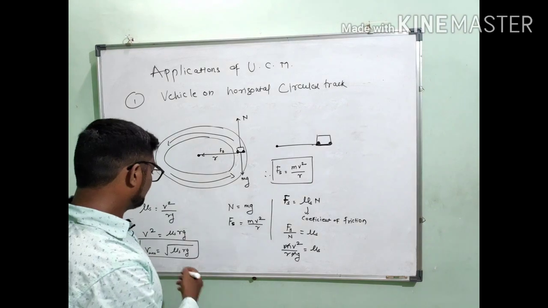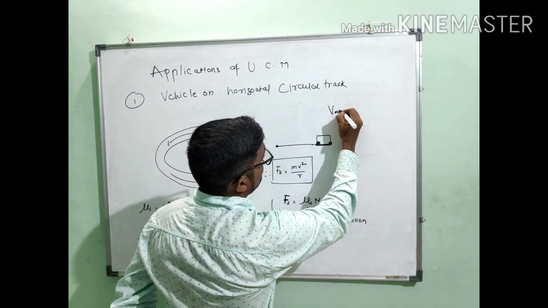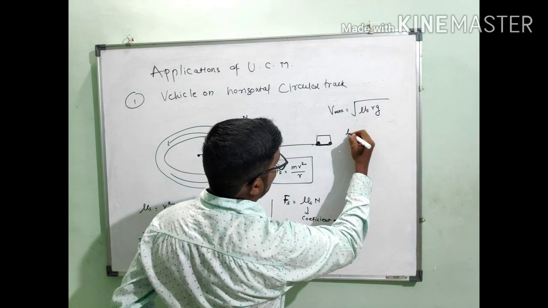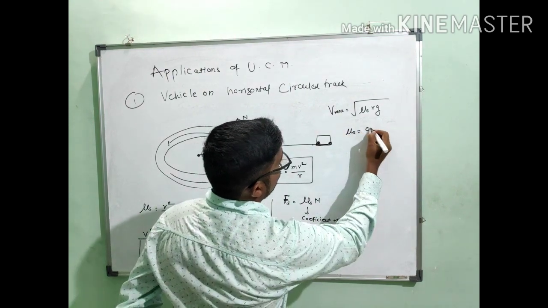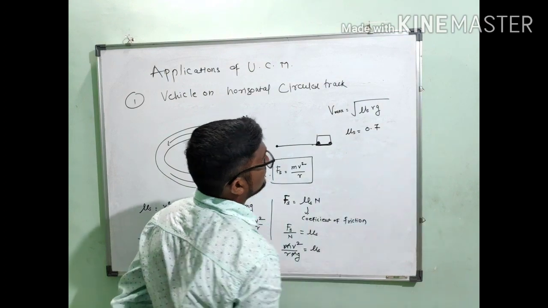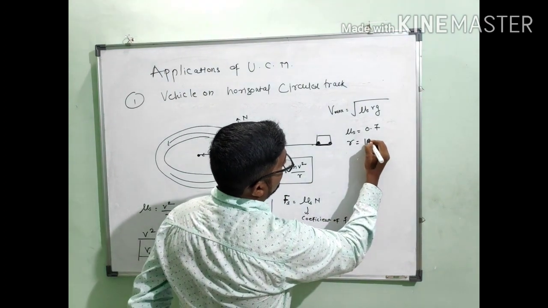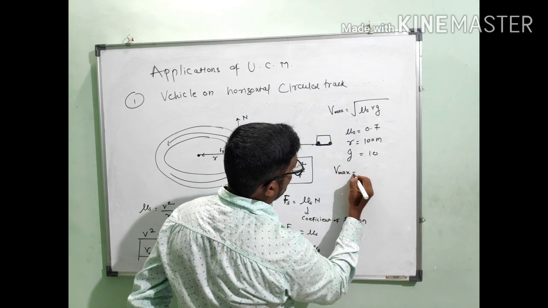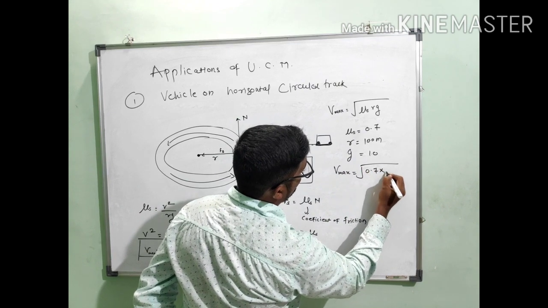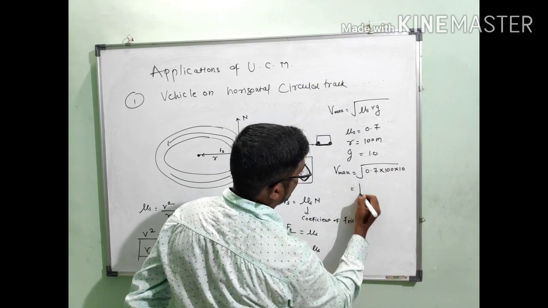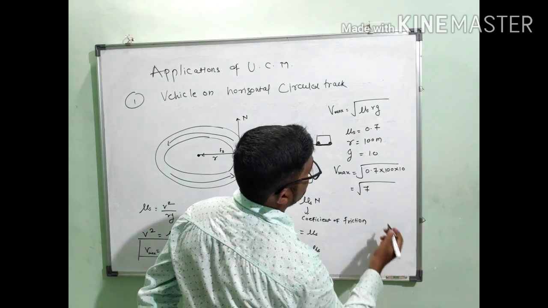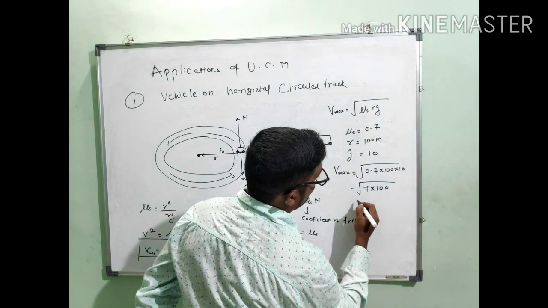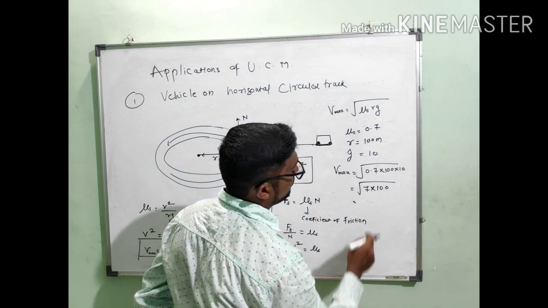Let us see an example. V max is equal to root of mu s rg. Let us take the coefficient mu s as 0.7. It is dimensionless. R is equal to, let us say, 100 meter and g is equal to 10. So V max is equal to root of 0.7 into 100 into 10, that is root of 7 into 100, because 0.7 into 10 is 7.